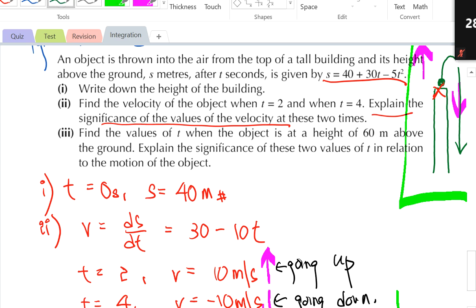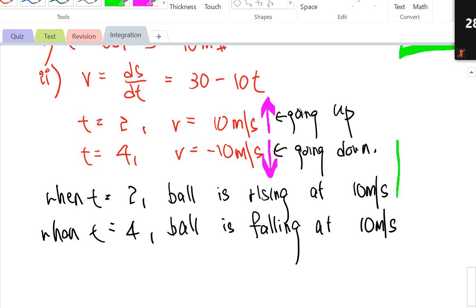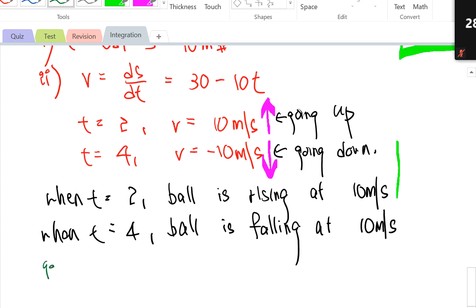First thing, how tall is the building? 40 meters. But we say now we want it 60 meters above the ground. So what must I do to find the timing? Any suggestion? Change the equation?